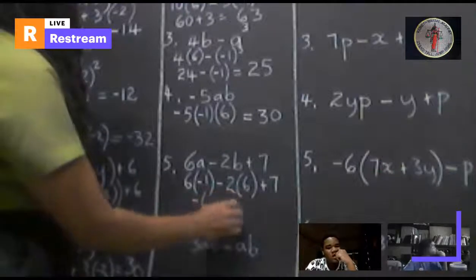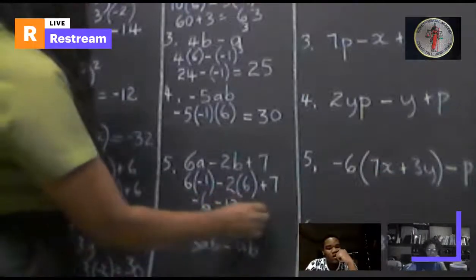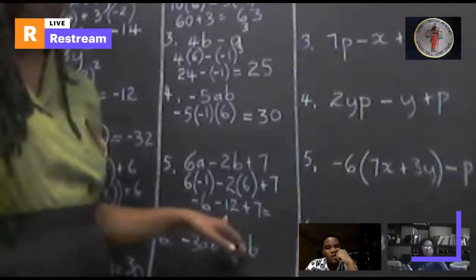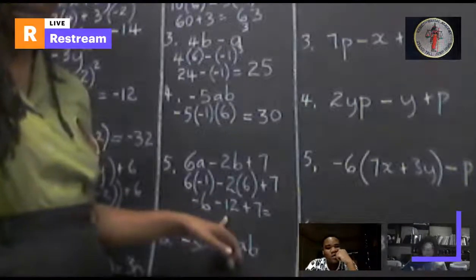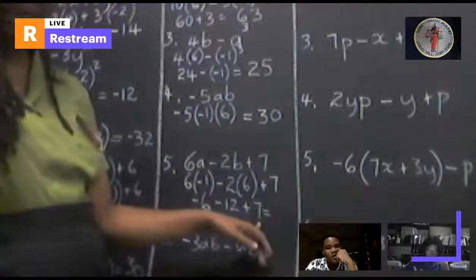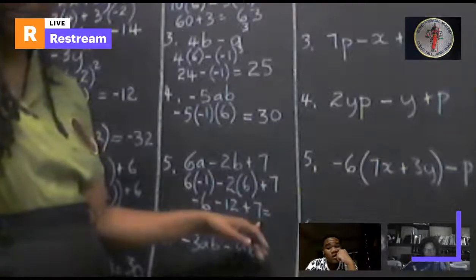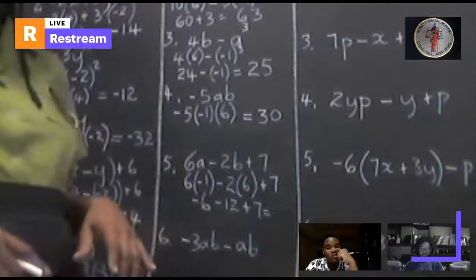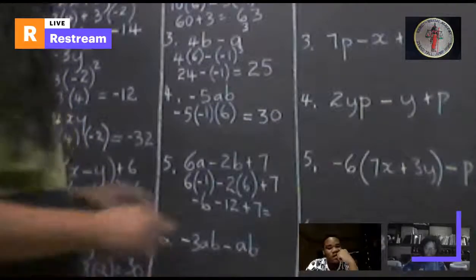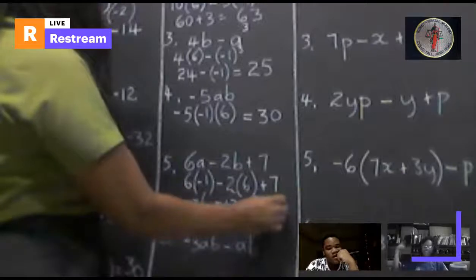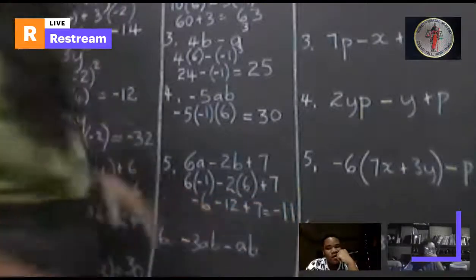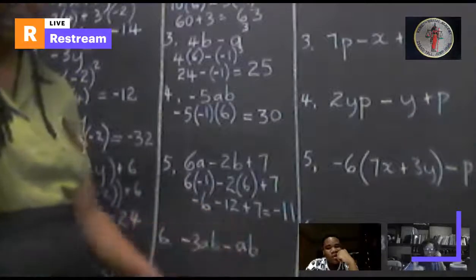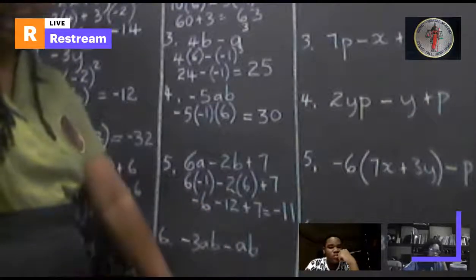Negative 6 minus 12 is negative 18, plus 7 is negative 11. Okay, everybody clear on that?